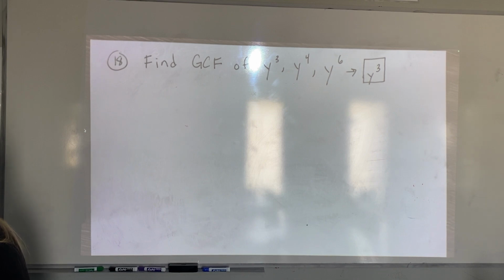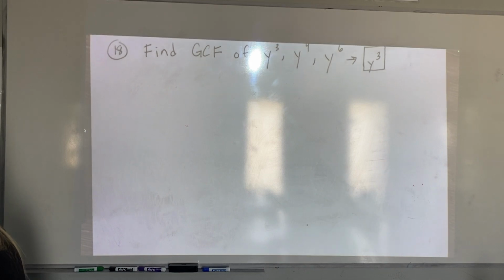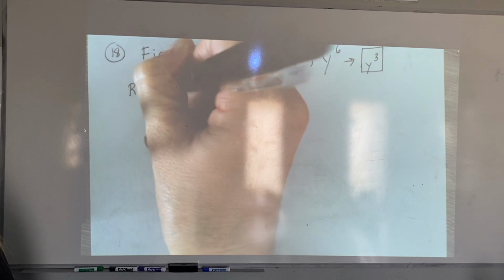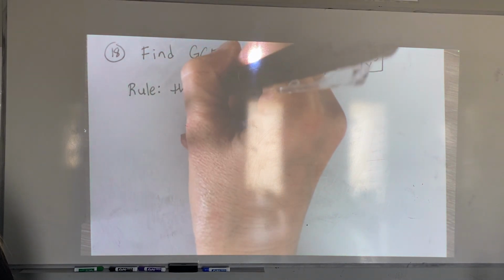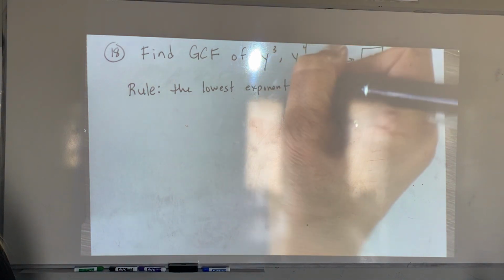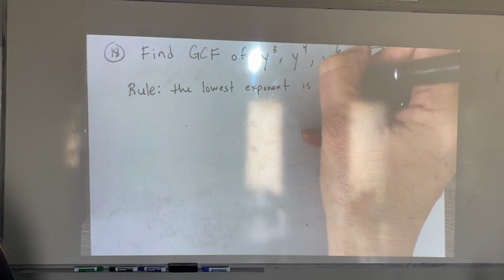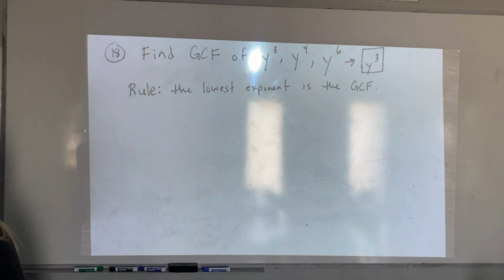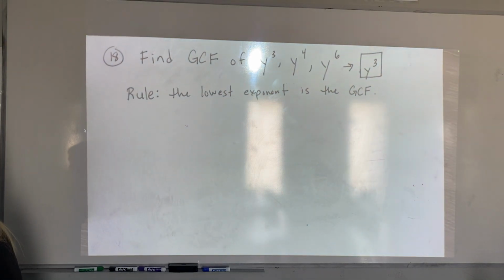They'll give you probably a different variable, maybe different exponents, but what's the rule? The lowest exponent is the GCF. Now, it doesn't mean that the GCF is 3.